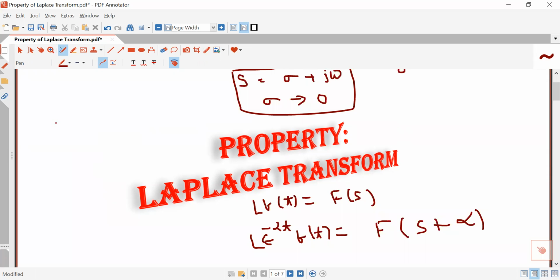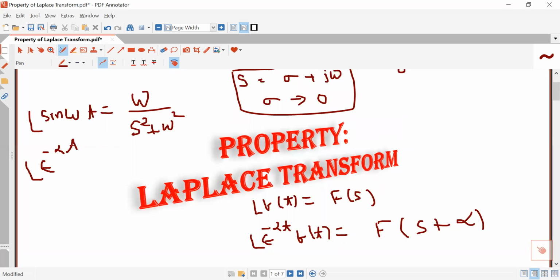For example, you know the Laplace transform of sine omega t. Laplace transform of sine omega t is omega by s square plus omega square. Now, using this property, you can determine Laplace transform of e to the power minus alpha t sine omega t.